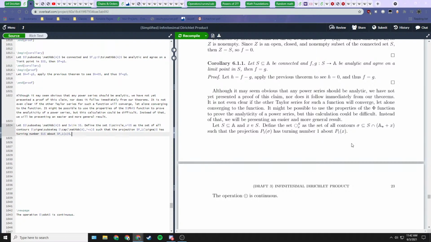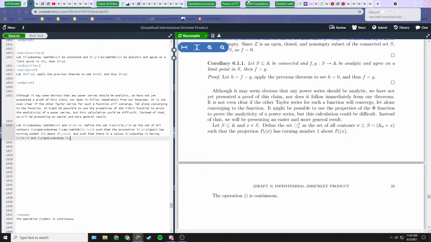We also want to say such that there is a convex C subset of S having X in C and sigma a subset of C. This is a little more specific.